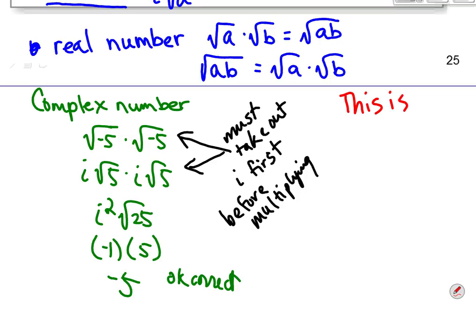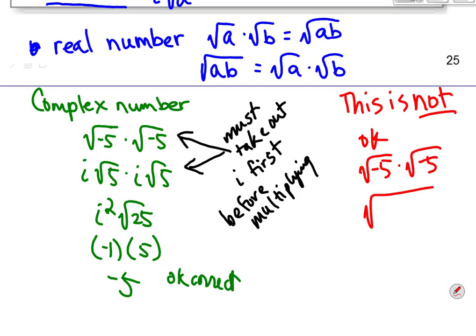It is not okay to take the square root of -5 times the square root of -5 and say that's the square root of -5 times -5, which would appear to be the square root of 25, which is plain old 5.